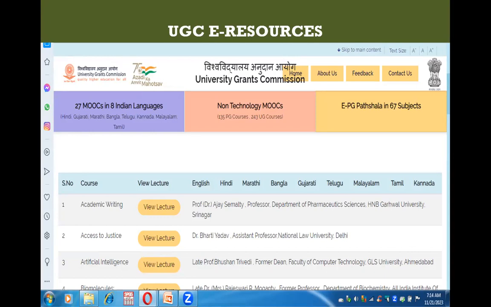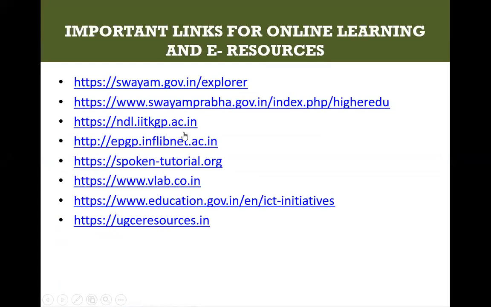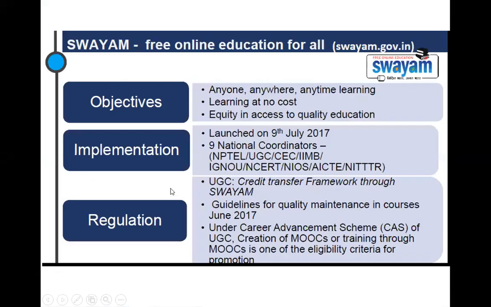This is only for gaining knowledge in the respective languages. It will be more useful for teachers as well as students. You can bring all these components to the notice of your students. These are all the links. Someone will share the PPT, and later these links can be accessed for all the various resources.